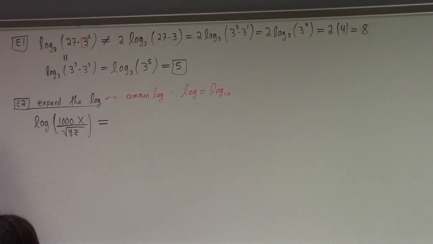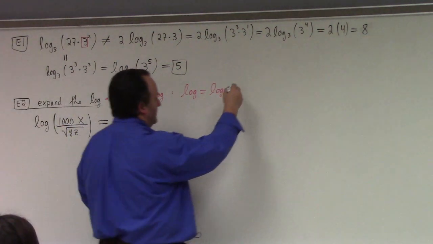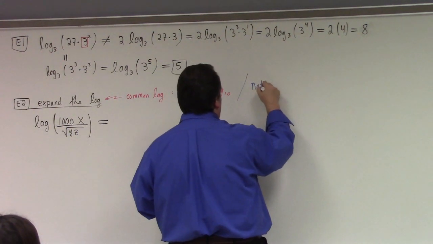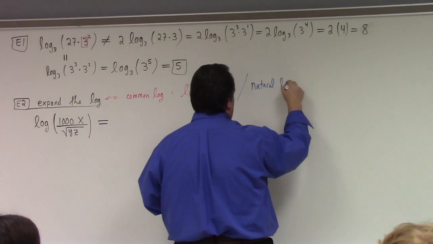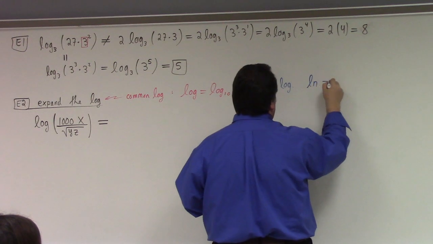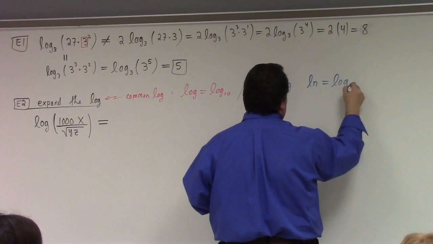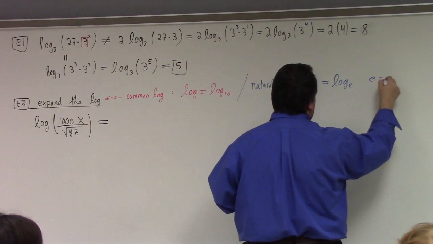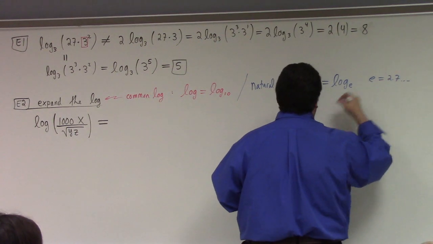What's the other one that we like to use? The other one we like to use a fair amount is the natural log. And that one we use ln for, which actually means log base e, where the e is Euler's number. It's about 2.7-ish.